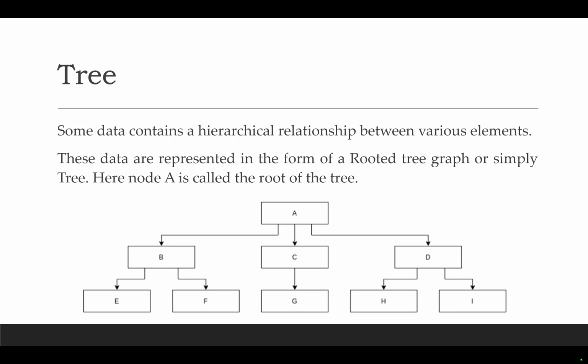Tree is a non-linear data structure, as well as a hierarchical data structure, where the elements are arranged in a tree structure. In a tree, the topmost node is called the root.